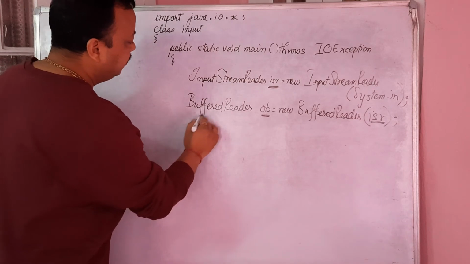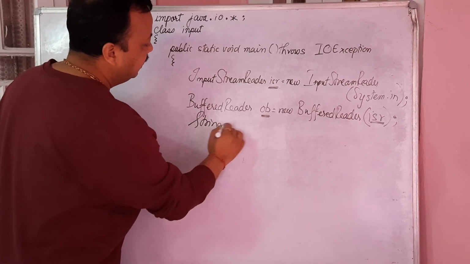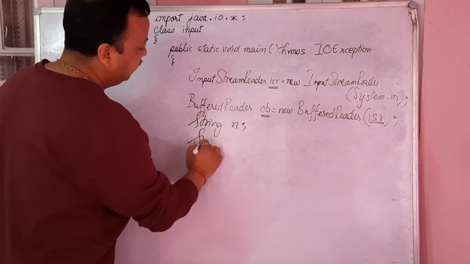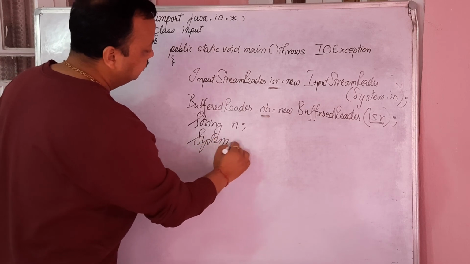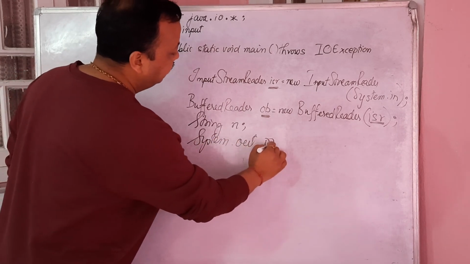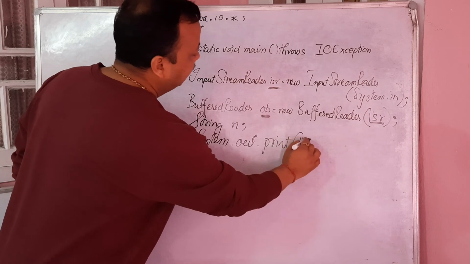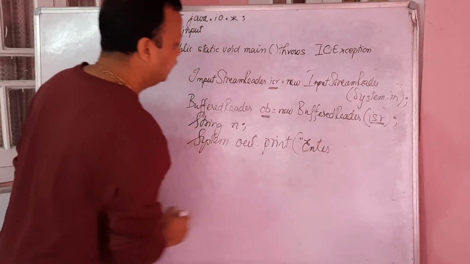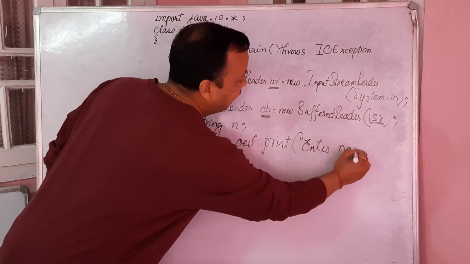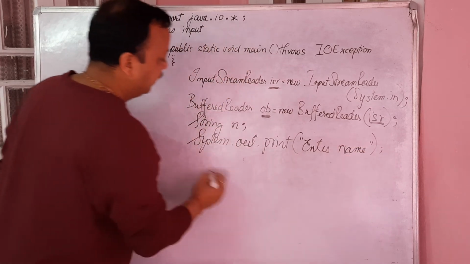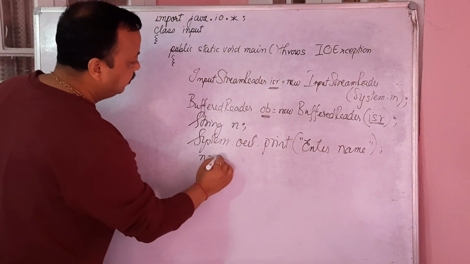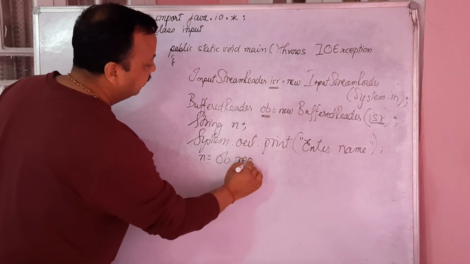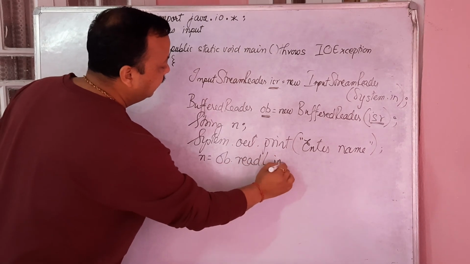So first what you do, you take String n, then you ask System.out.print, enter name, and then you say n equal to ob.readLine.